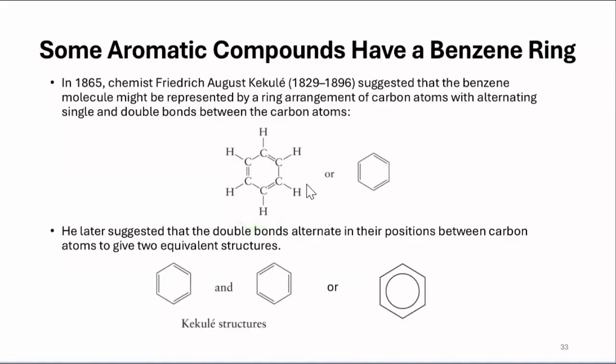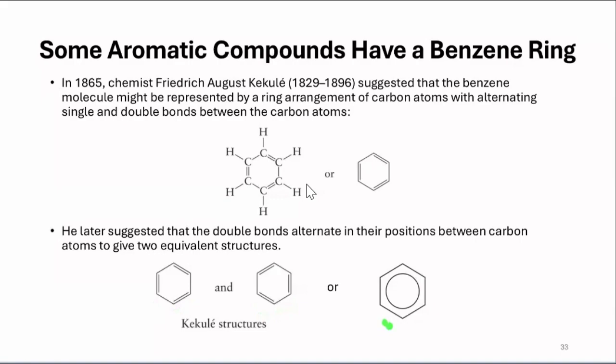Later, he suggested that these double bonds will be alternating their positions within the ring system. So when we look at what are the structures for benzene that Kekulé proposed, then we see that this can be written for benzene or this can be written for benzene.